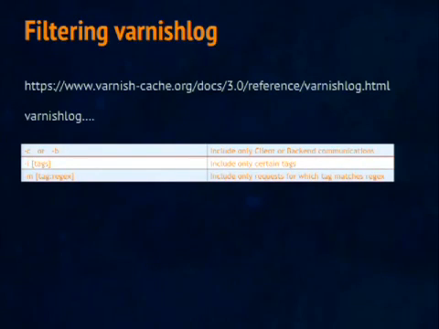The second option that's really useful is -I, and that says, I want you to include only these tags. So maybe you only want to see what the URL is, maybe you only want to see what Varnish's decision is, cache or don't cache. You can filter down to those tags. And the last one is -M, which I particularly hate because for me it works really inconsistently, but that says only show me responses where this tag matches this regular expression.